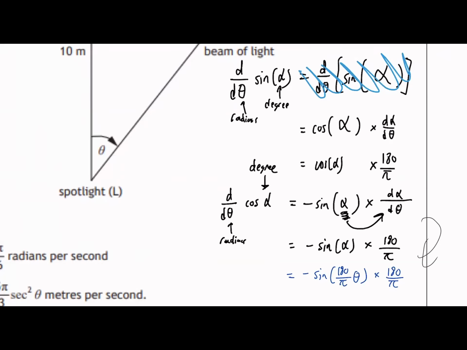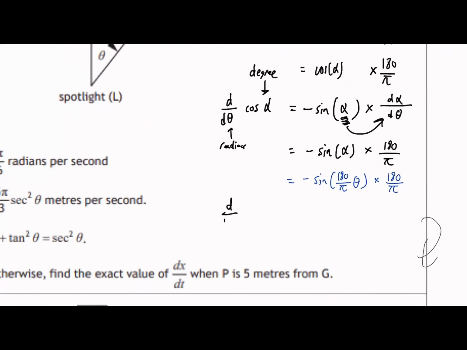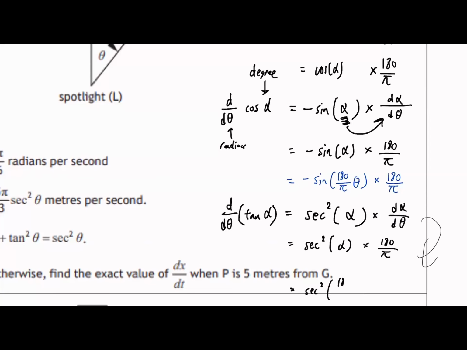Let me try one more. If it's tangent alpha, then you differentiate tangent, you get secant square, then what's inside, still alpha, times differentiate alpha, d alpha over d theta, equals secant square alpha times 180 over pi, equals secant square of 180 divided by pi times theta, times 180 over pi.